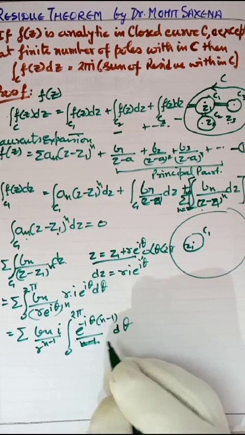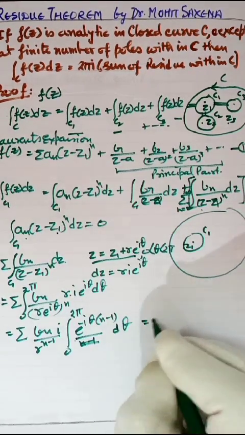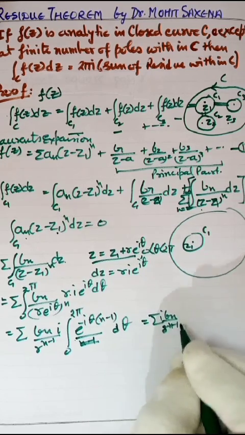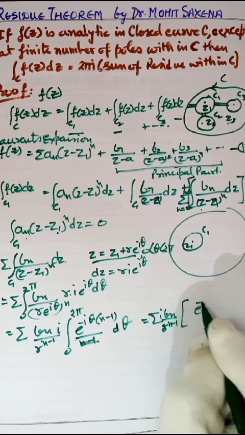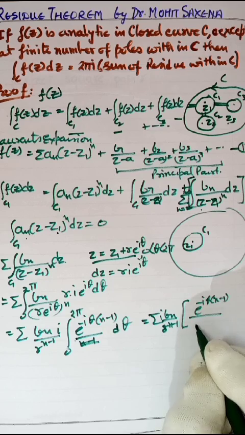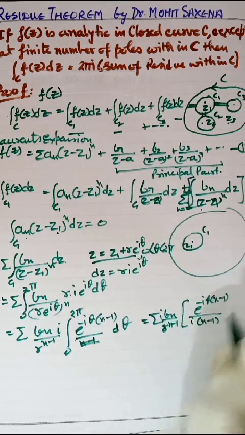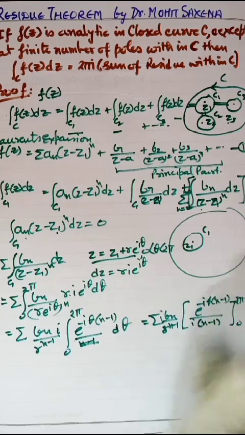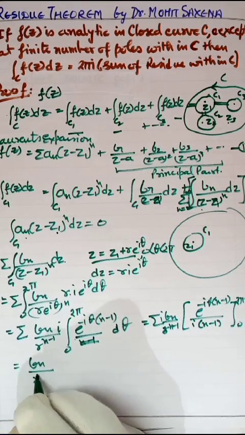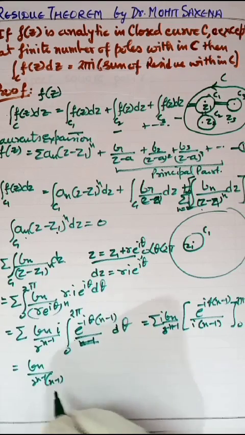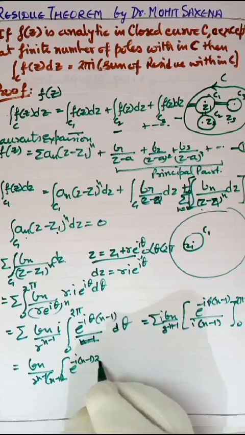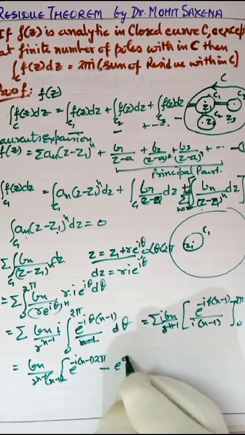Now when we integrate this integral, this would become the sum of b_n i upon r to the power n minus 1 times e to the power minus i (n minus 1) theta upon minus i (n minus 1) over the limit 0 to 2 pi, and this is equal to b_n upon r to the power n minus 1 within brackets e to the power minus i (n minus 1) times 2 pi minus e to the power 0.